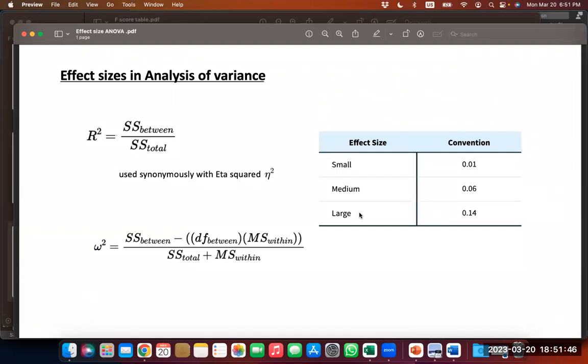Also, there's omega squared. Omega squared is an alternative calculation of the effect size, incorporating the information of the degrees of freedom.